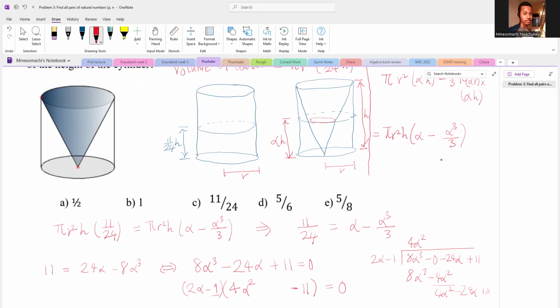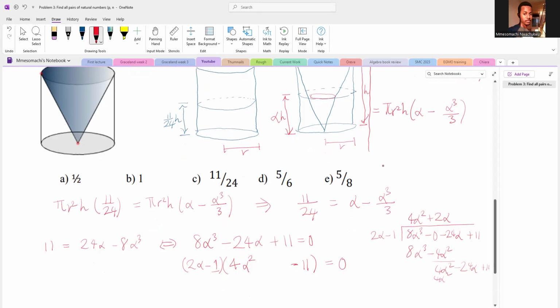Then we have plus 2 alpha. So it's going to be 4 alpha squared minus 2 alpha. Okay, so minus 22 alpha plus 11. This is going to be minus 11. Okay, so this is going to be plus 2 alpha here. Okay, yeah, so we have this.